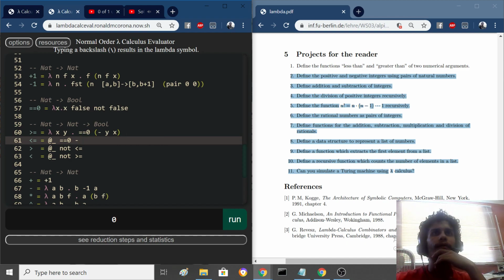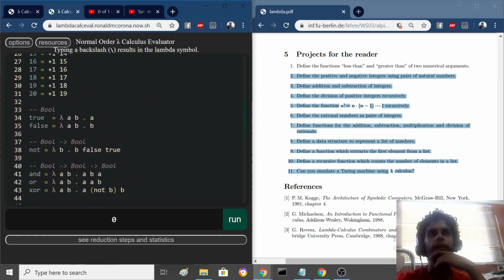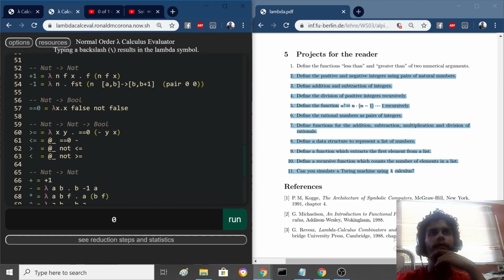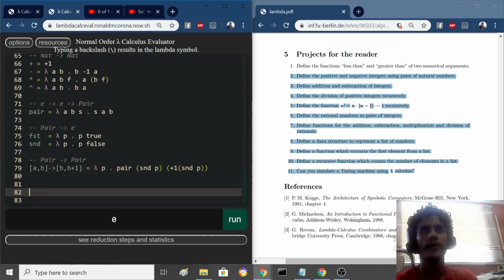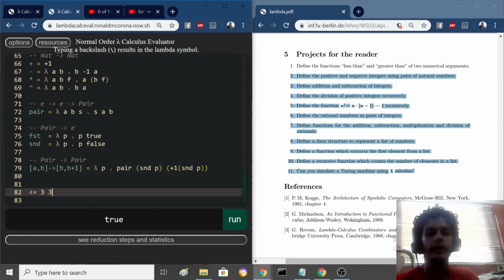Alright. So we'll test that out real quick. That is less than or equal to. So 3 is less than or equal to 3. Is it less than or equal to 2? Is it less than or equal to 4?